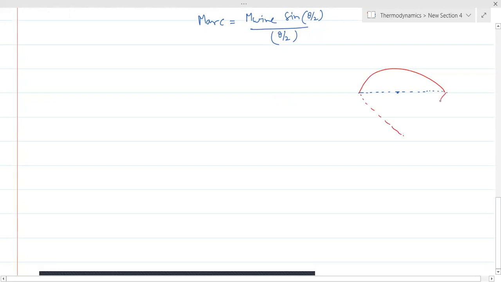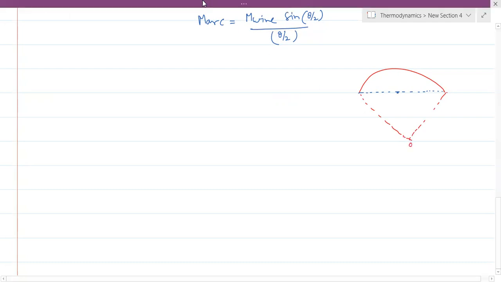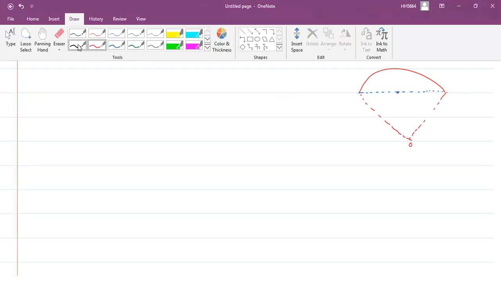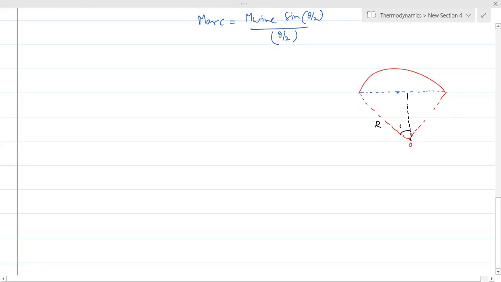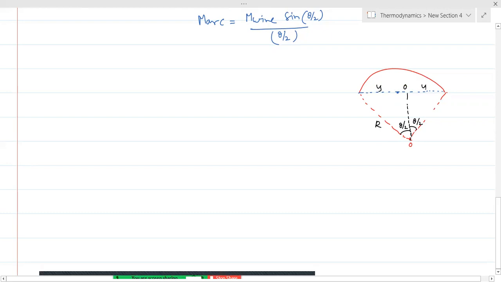This is the center O, and this is the radius of curvature R. If the ends of the arc make a total angle theta, then these two parts make angles theta by 2 and theta by 2.